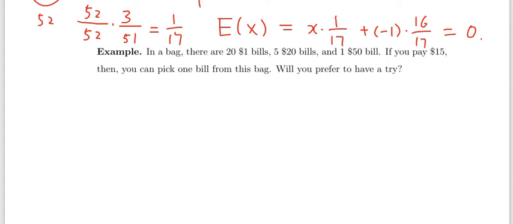Okay, so for a game, whether you want to try or not depends on whether the game is fair or not fair, or whether the game is in favor of you or not. So for example, like this problem, it says, in a bag, there are bills.